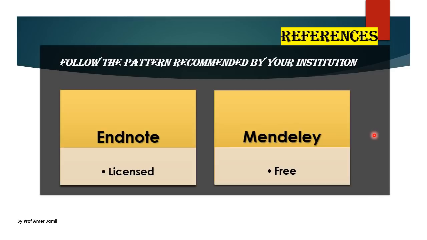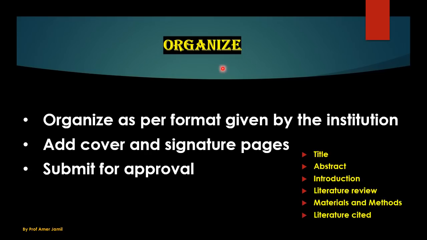But never go for manual, because putting in commas, full stops and all that manually is a lot of work which is useless these days, because you have so many good softwares available for that. And finally, after writing the whole synopsis, you have to organize it as per the format given by the institution.